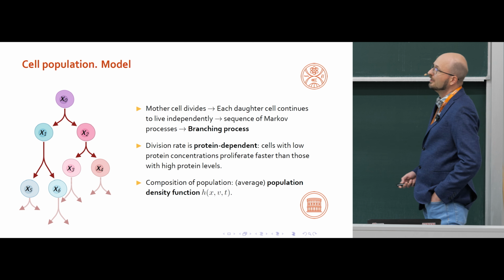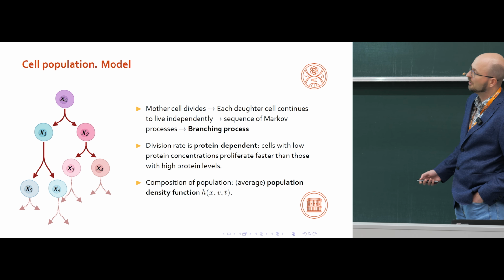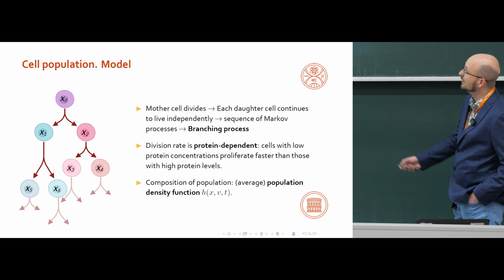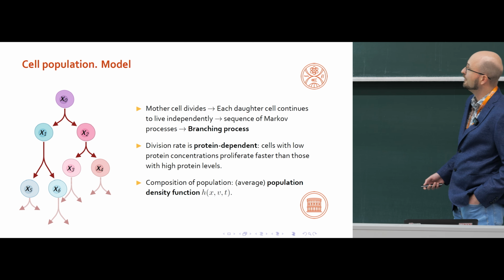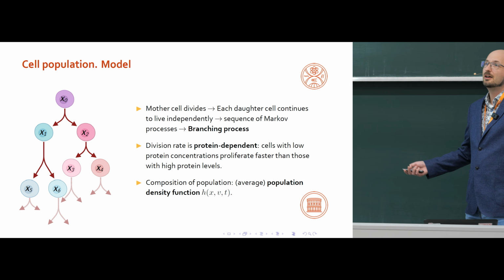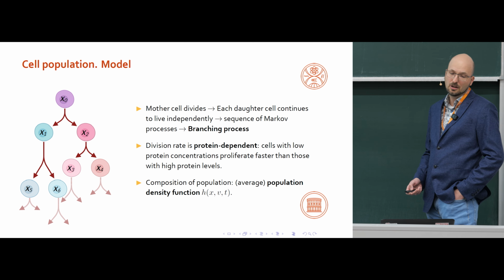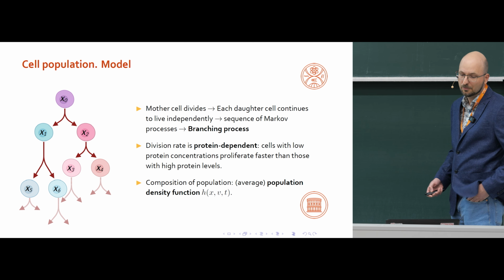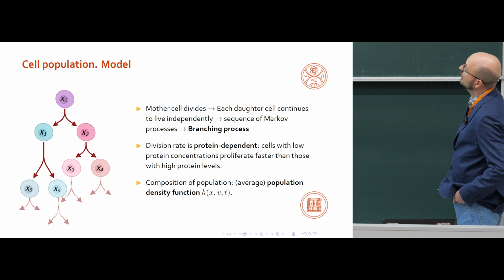So here's the slides that I began with, but it's a cell population model. So you have the mother cell that divides into two daughter cells, and daughter cells divide into further daughter cells. And now we track the concentration of proteins and the volume for each of these cells that we have in the population.